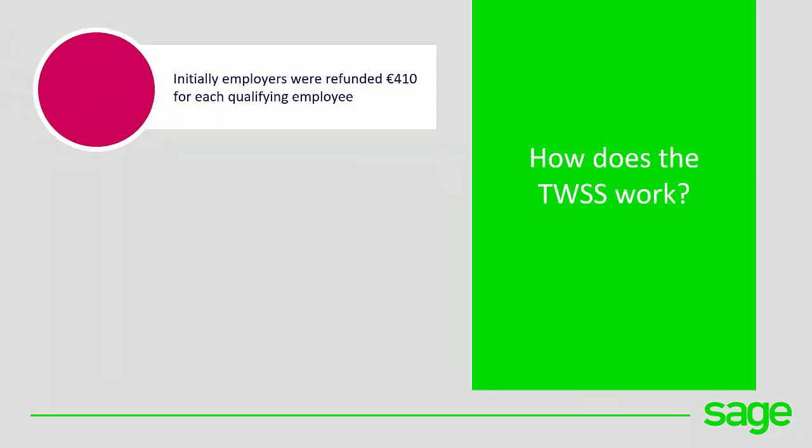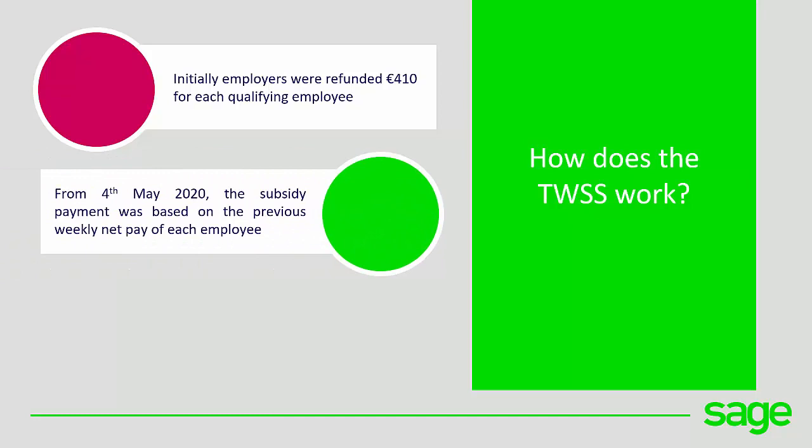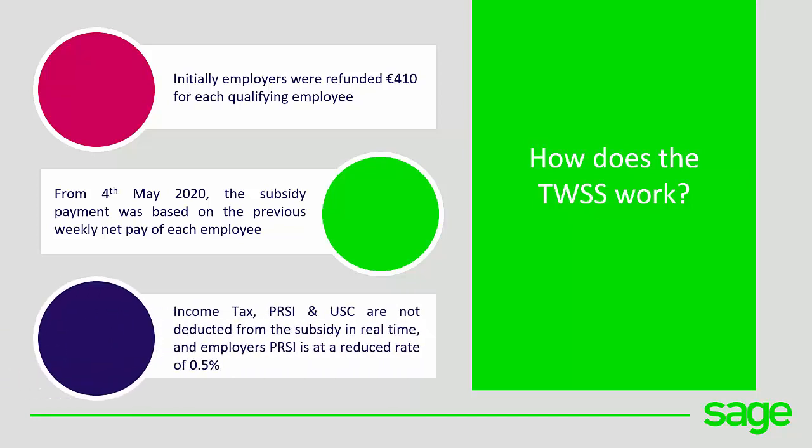The TWSS initially refunded €410 to employers for each qualifying employee. From the 4th of May 2020, the subsidy payment was based on the previous weekly net pay of each employee. And income tax, PRSI and USC are not deducted from the subsidy in real time, and employers' PRSI is at a reduced rate of 0.5%.